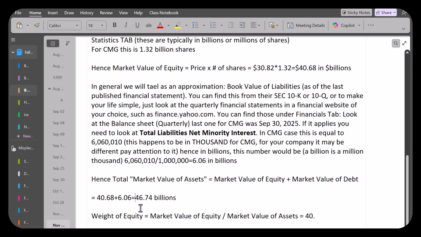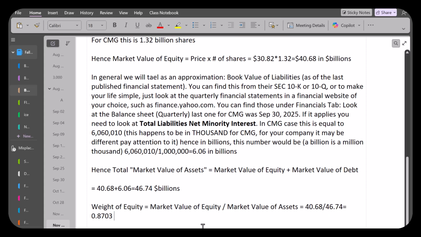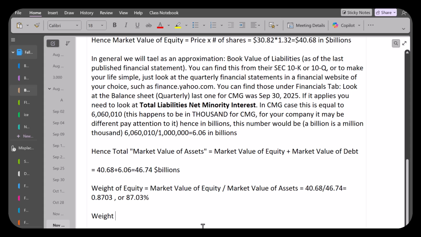Let's put the dollar sign here. 40.68 divided by, rate of debt is simple. Market value of debt.